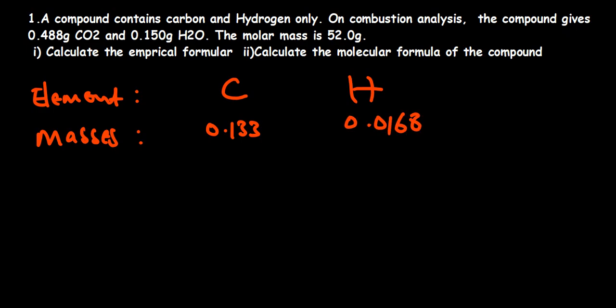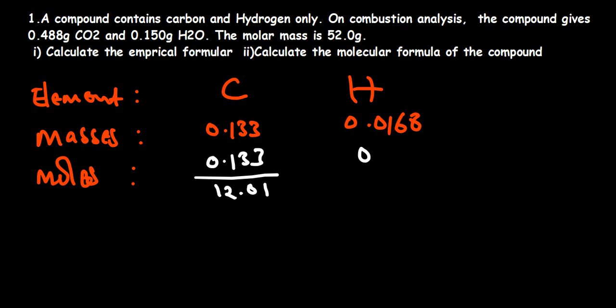Okay, and then from there, what is the next step? We know that the next step is to find the moles. So how do you find the moles? We divide this mass by the molar mass of the element there. So 0.133 divided by the molar mass of carbon, which is just 12.01, and then 0.0168 divided by the molar mass of hydrogen, which is 1.01. Then we find our moles.